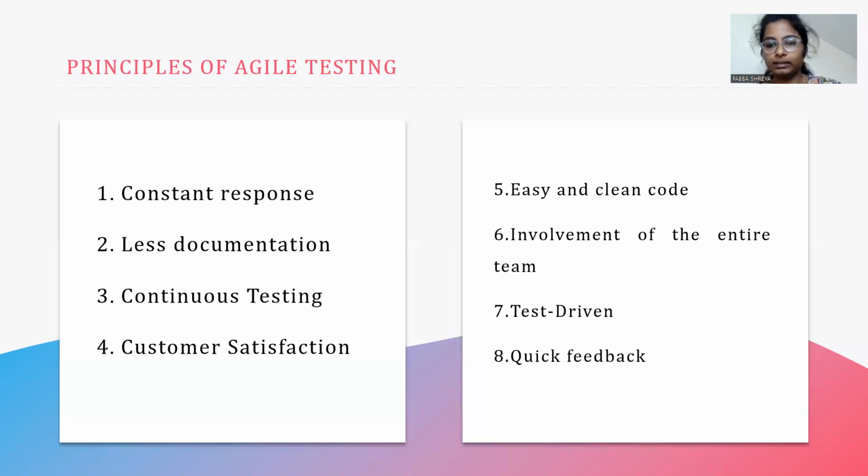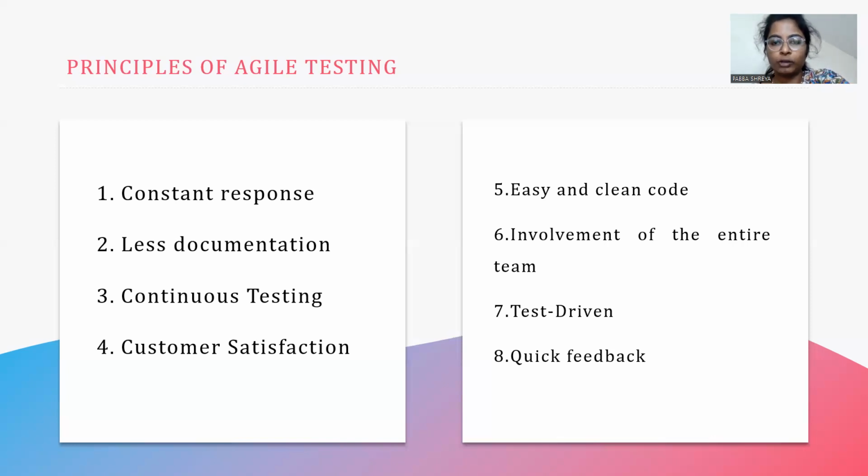Next is easy and clean code. When the bugs or defects found by the agile team or the testing team are fixed in the same iteration, it leads us to get easy and clean code.